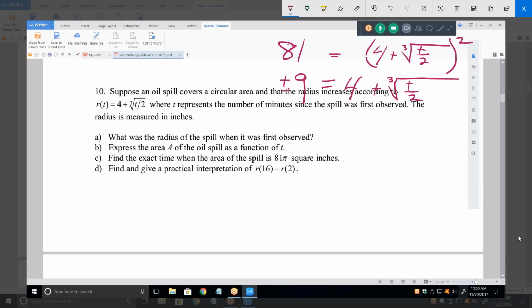Probably will, because at some point we're going to have to cube both sides. And when we cube both sides, this negative 9 is going to go to minus 700 and something. So there's no way time is going to be minus anything. So let's forget the negative sign, even though it wouldn't normally be proper to forget it at this point.